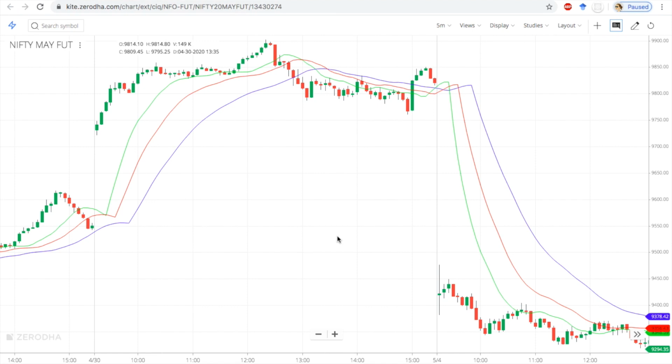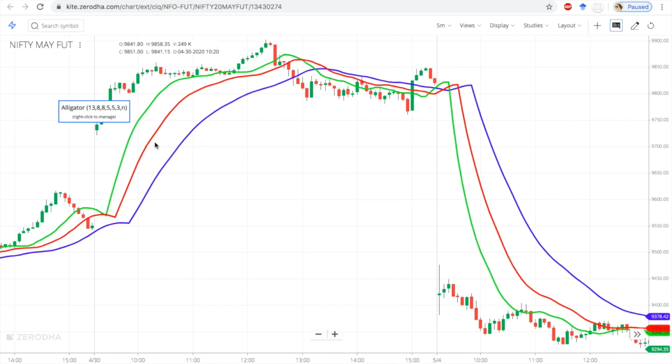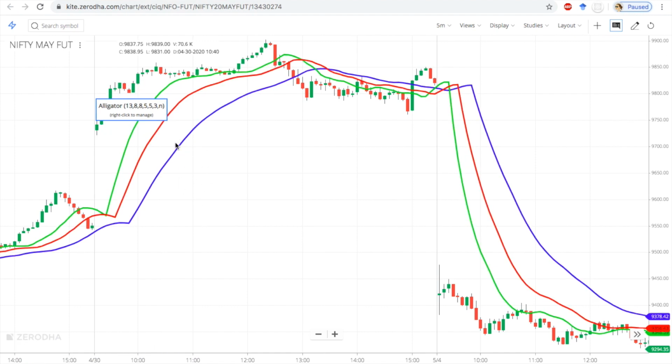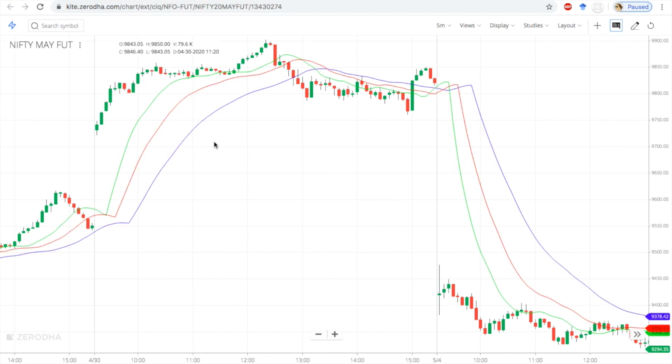All three lines, that is jaw, teeth and lips, work similar to the mouth of a real life alligator. If the jaw, teeth and lips lines are far away from each other like this, then the market is considered to be in a trend and you can say that the mouth of the alligator is open and the alligator is awake.